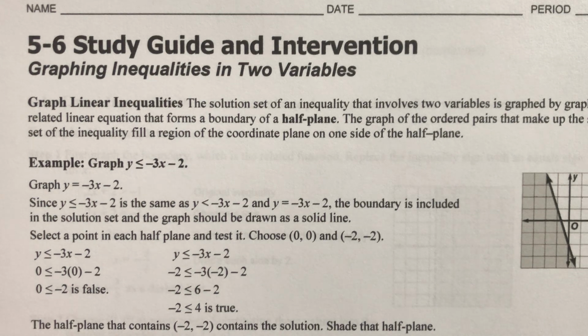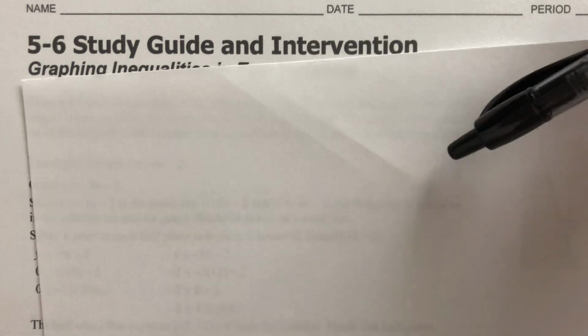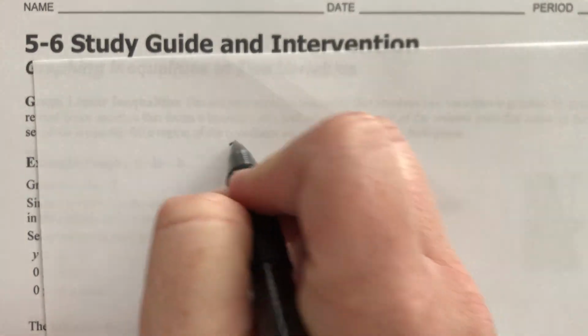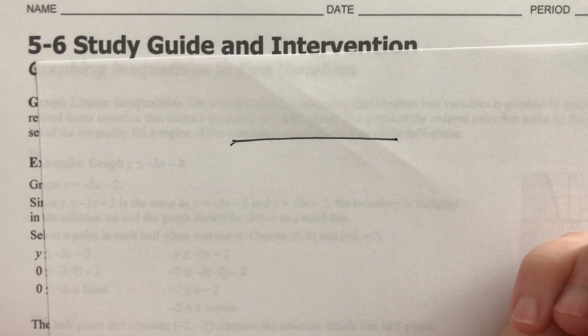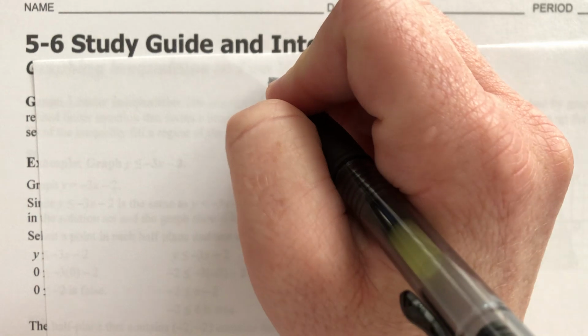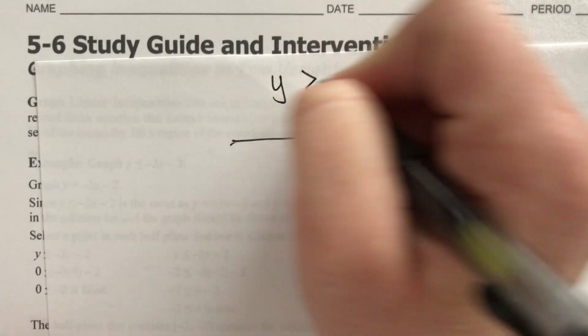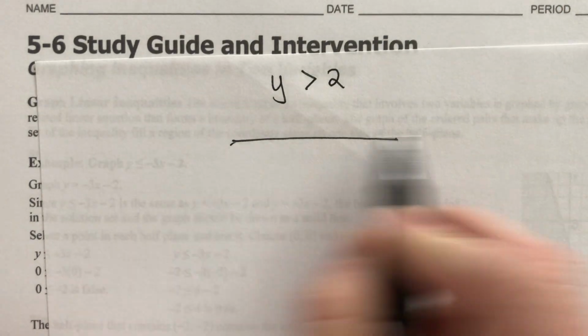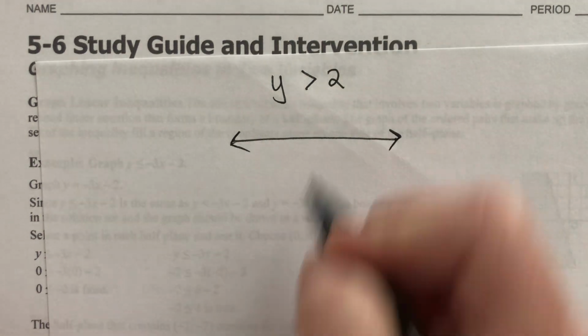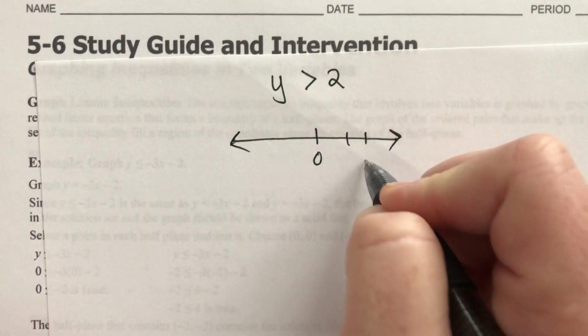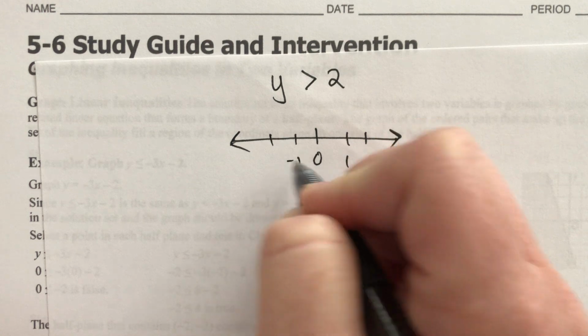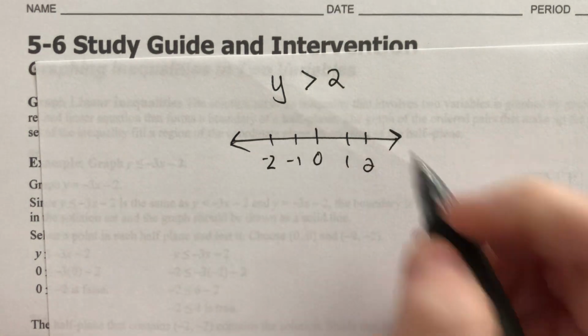So previously, we've been graphing inequalities that are on just a number line, right? We could have compound inequalities, or you could just have a regular inequality. So we could have y is greater than 2, right? On our number line, we could have 0, 1, 2, -1, -2, and we would find 2.